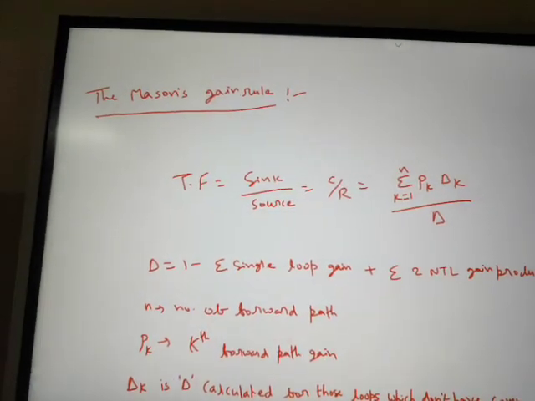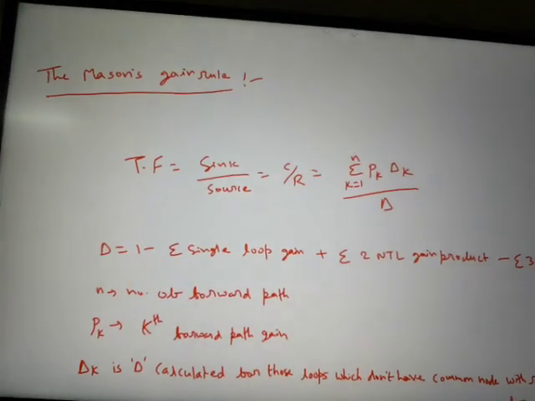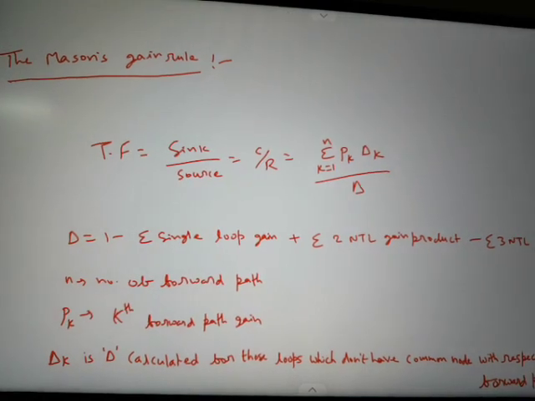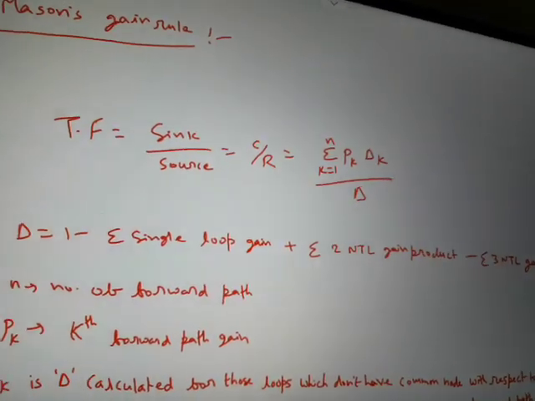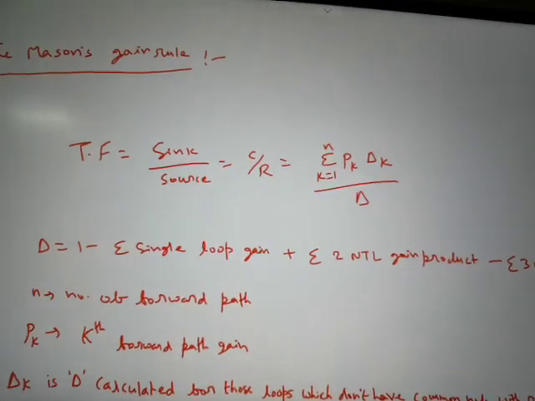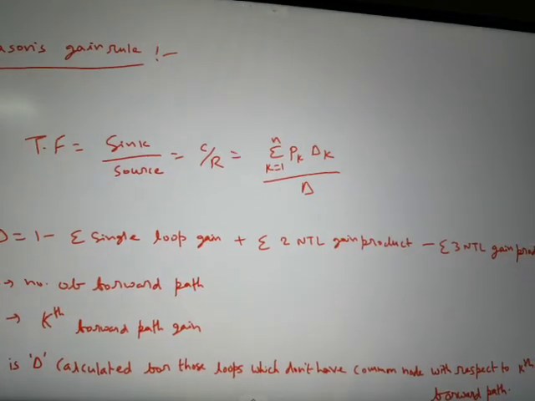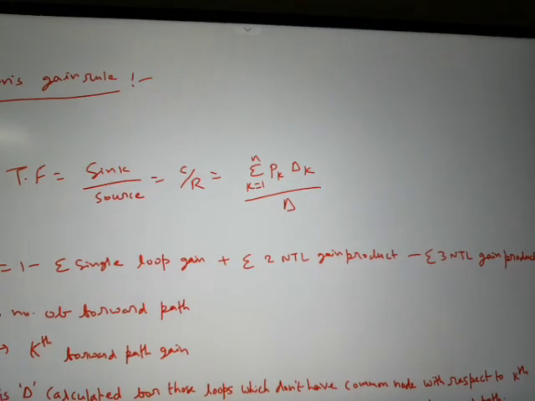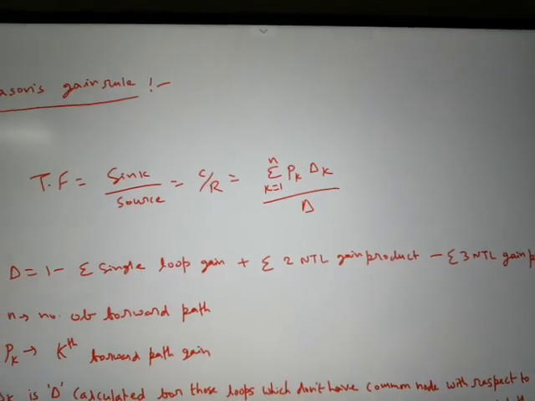Okay, Mason's gain rule. What is Mason's gain rule? Transfer function is equal to the ratio of sink to source. If my sink is represented by C, and source is represented by R, then the transfer function C by R is equal to summation of k equal to 1 to n, P_k del_k by delta.